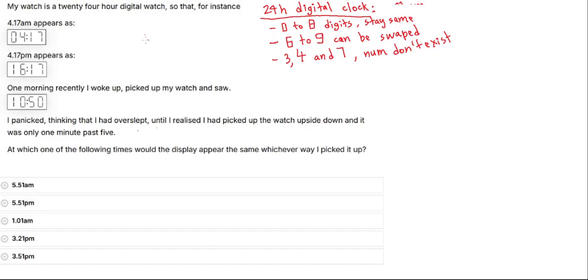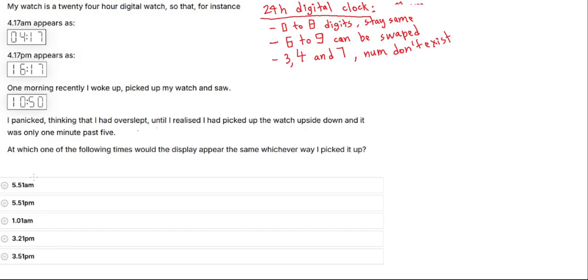For example, if I write number 3 and flip this, it does not make any sense. So number 3, number 4, and number 7 cannot be flipped because they won't form a number that exists. Okay, so now let's move on forward.